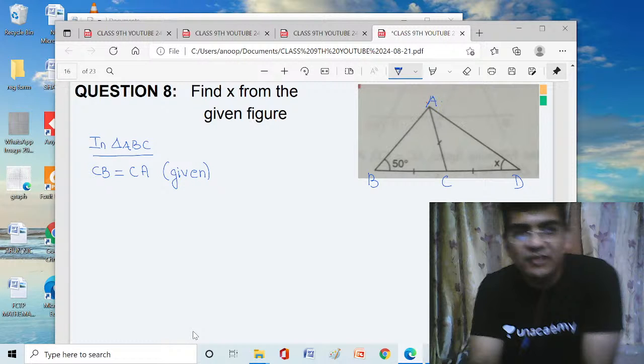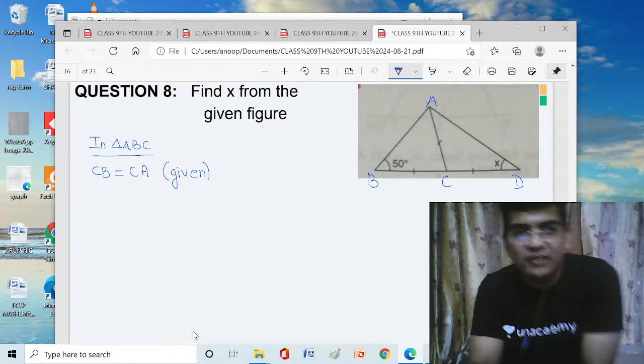Now P is already calculated, so I can get Q. So how much will I get Q? Q will be 180 minus 80. So I can say Q is equal to 100. So I've got Q.